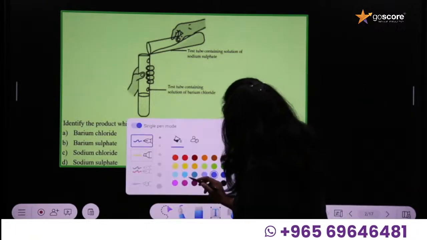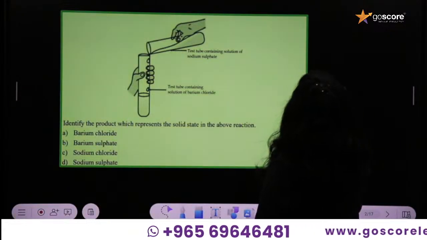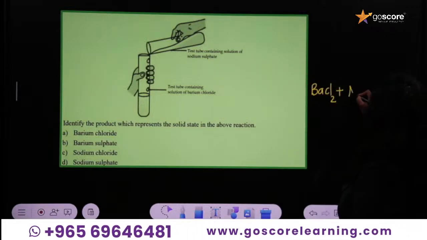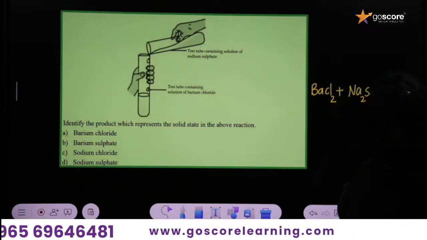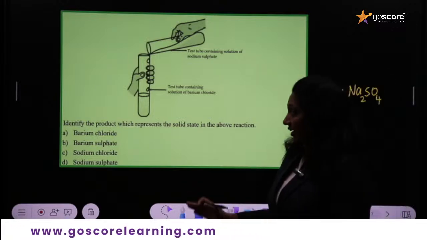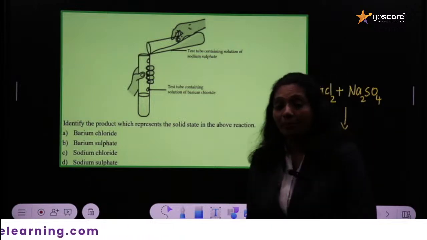We are taking barium chloride, that is BaCl2, and we are adding sodium sulfate, that is Na2SO4. Okay, so identify the product which represents the solid state in the above reaction.